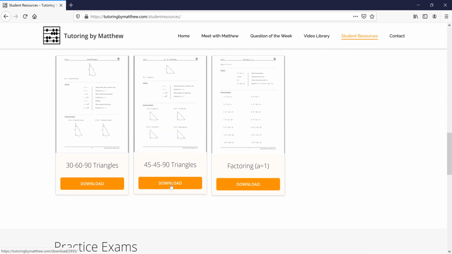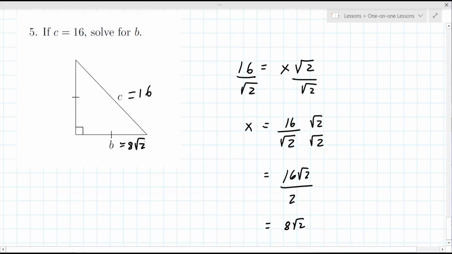You can just download them. They're totally free, and you can just work through them. You'll see all the variations. That's what we've been working through; I've been pulling questions from this for us to look at. But we'll move to 30, 60, 90 triangles now, and I'll wait for you to send me something. We can certainly get started on some other stuff here as well.